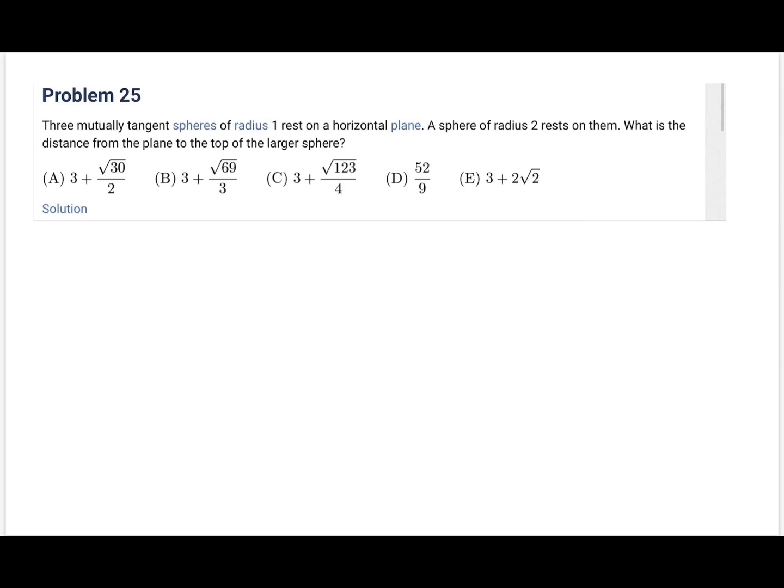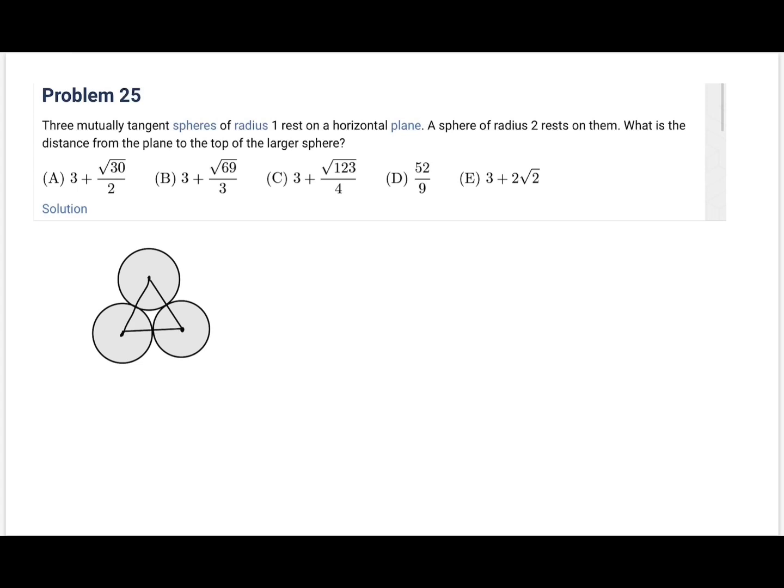Okay, so let's say that there are the three spheres like this, and they are mutually tangent, so they will be tied together like this. And if we connect the midpoints, then we can see that this is like that, and like that.